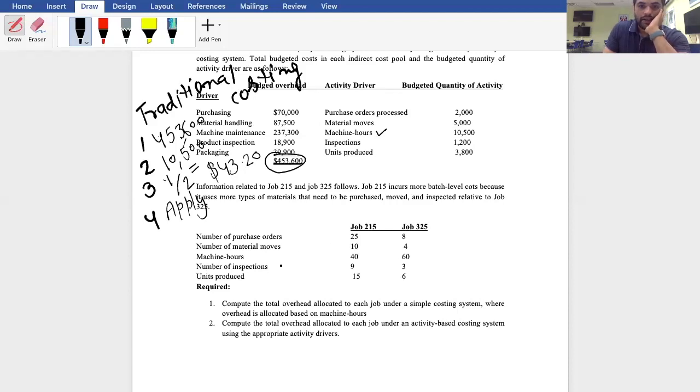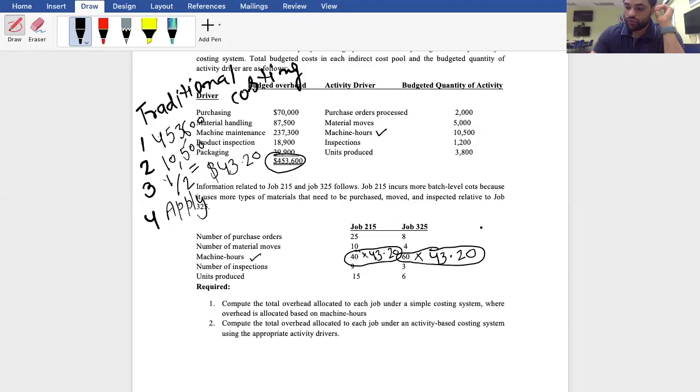You can see that machine hours here for job 215 is 40 multiplied by 43.20, right? And 60 multiplied by 43.20 for job 325, all right?